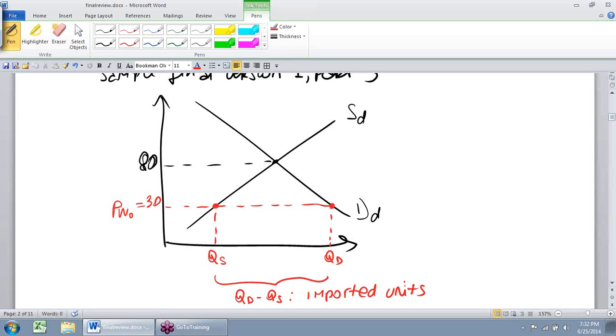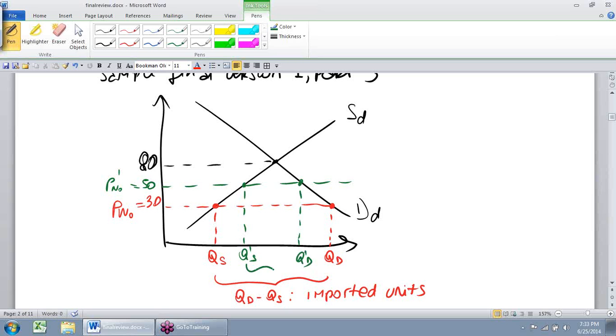Now we know that the price has increased to 50. So we need the price to go up. Let's say that the new price is here, and is P prime W equal to 50. What happens to quantity demanded, quantity supplied, and quantity imported? When the price increases, the new quantity supplied by domestic sellers is Q prime S, that is greater than before, and the quantity demanded by domestic buyers is Q prime D, that is smaller than before.